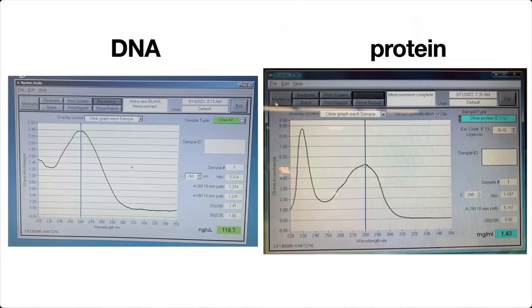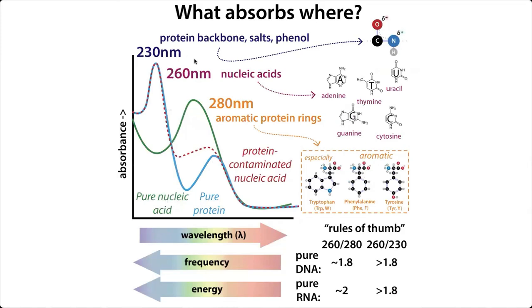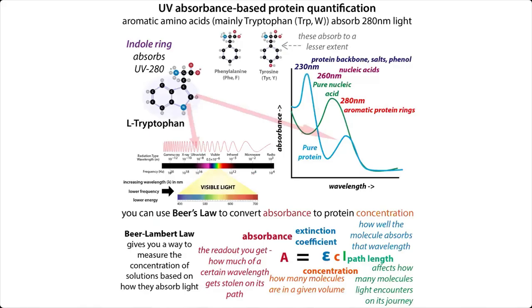Nucleic acids are going to absorb primarily at 260, whereas proteins have peaks at 230 and 280. The 280 is more protein specific. In addition to proteins and RNA also absorbing significantly at 230, you can have salts, phenol, things like this, various contaminants. And so the 280 is going to be more specific for your protein.